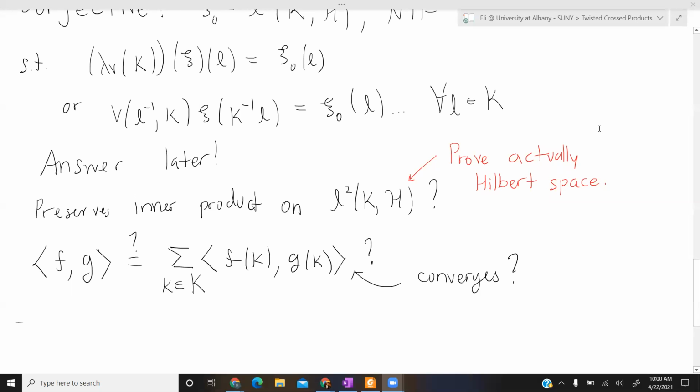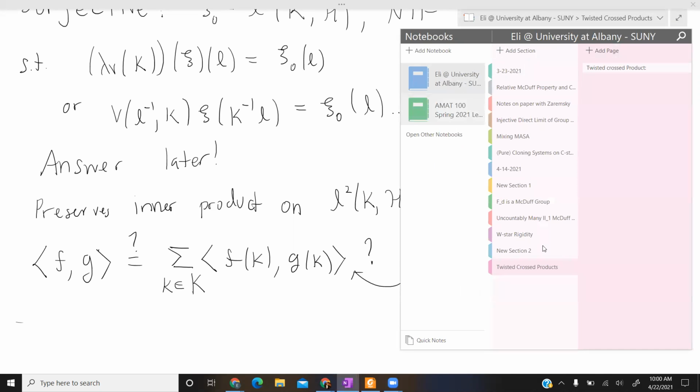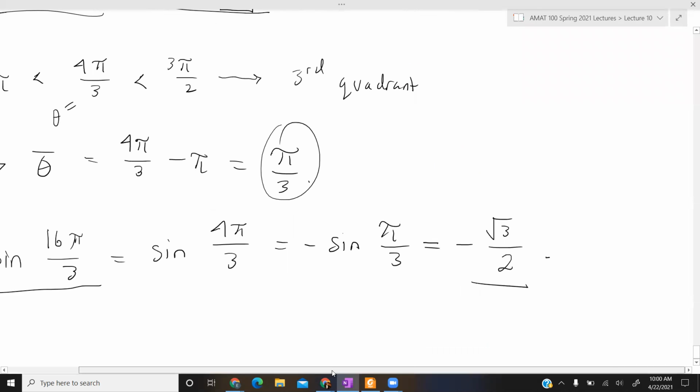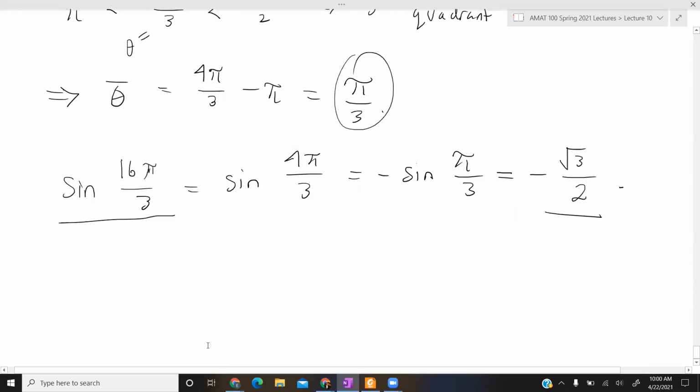So as I said, this is 6.5. This is the law of sines.